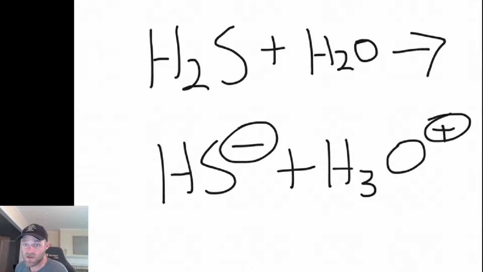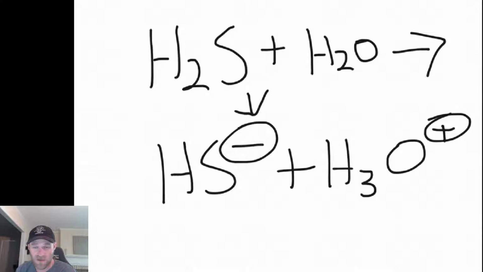Circle those charges. Okay, so notice that you can only take away one of the H's, but when I do, this was neutral right here, right? There's nothing there. So when I take away one of the H's, it becomes negatively charged.